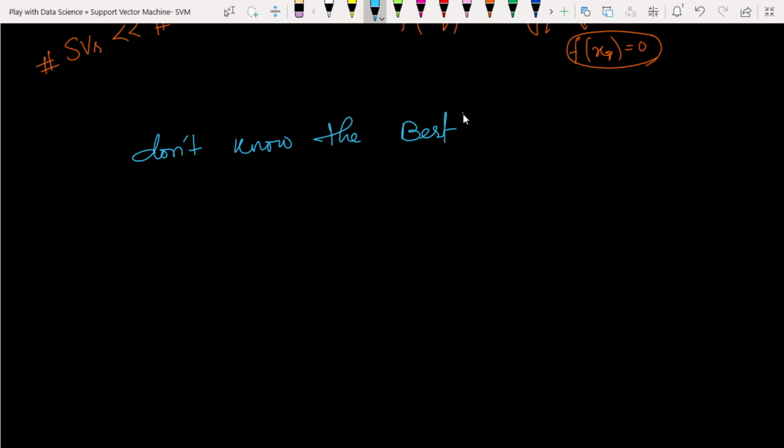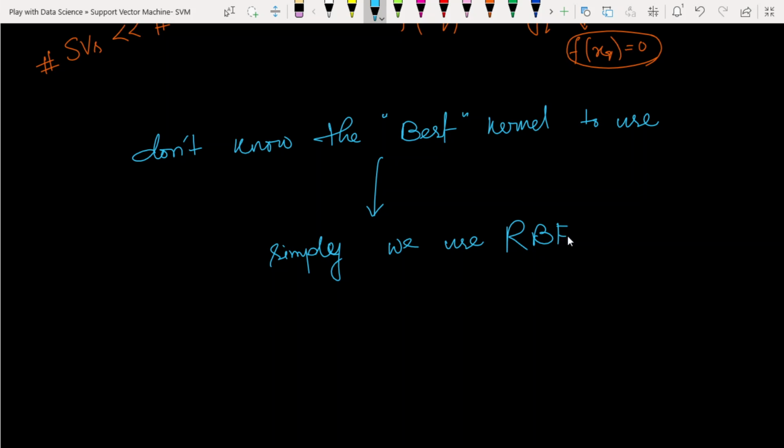If we don't know which kernel is the best one for our data, without any doubt we use the RBF kernel.